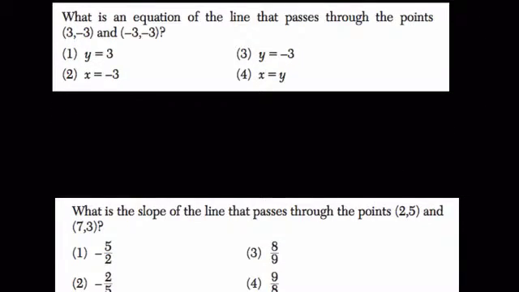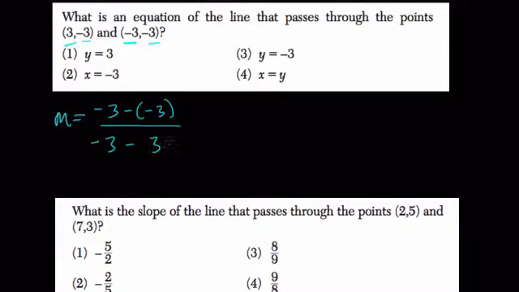What is an equation of a line that passes through these 2 points? So here we have 3, negative 3, and negative 3, negative 3. Our slope is going to be equal to the difference of the y values, negative 3 minus negative 3, over the difference of the x values, negative 3 minus 3. So what's negative 3 minus negative 3?